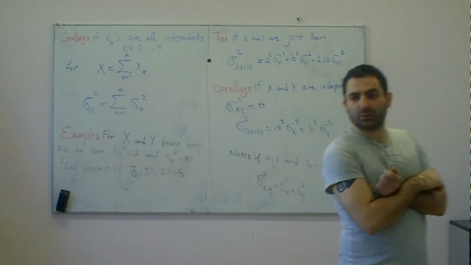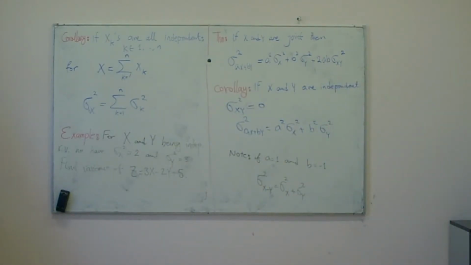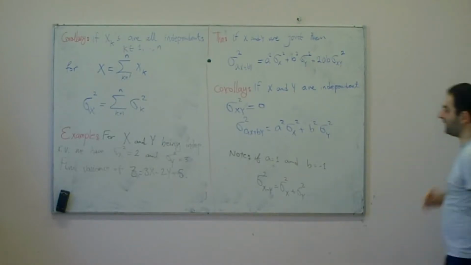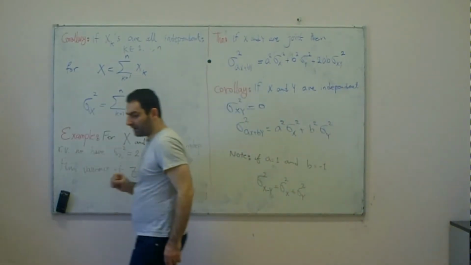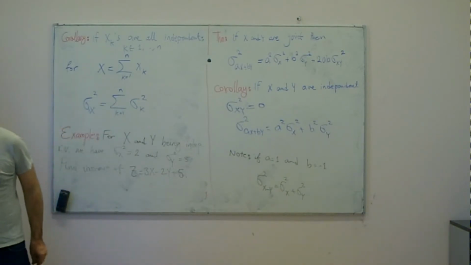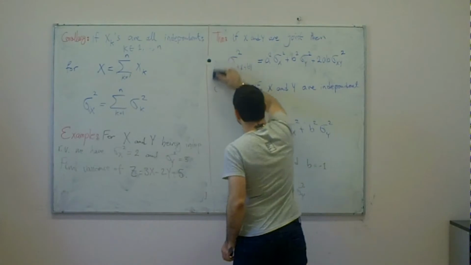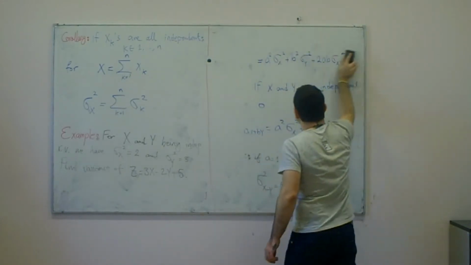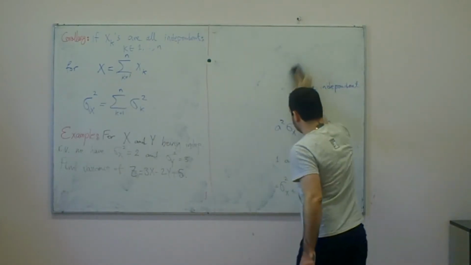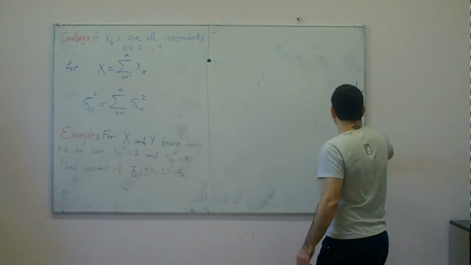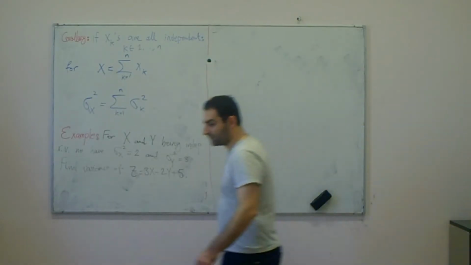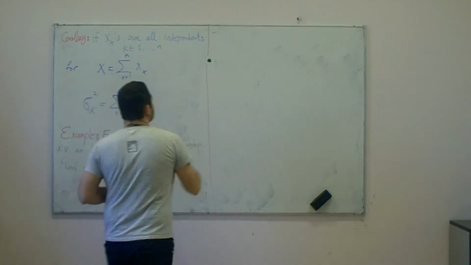They have been combined and make the random variable z, and we want to find the variance of z given that the variance of x is 2, the variance of y is 3. So how do we do it?